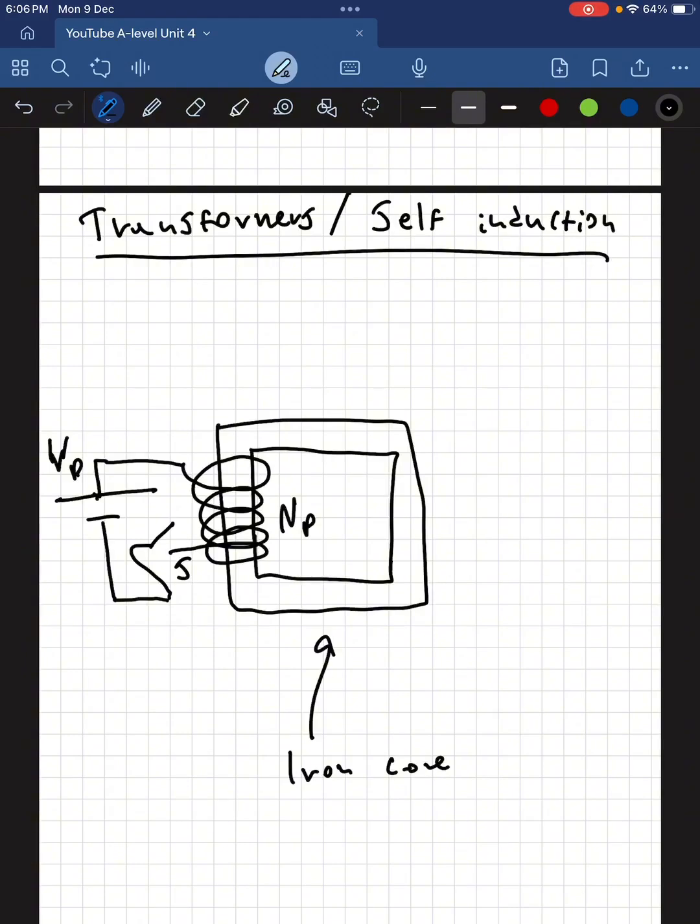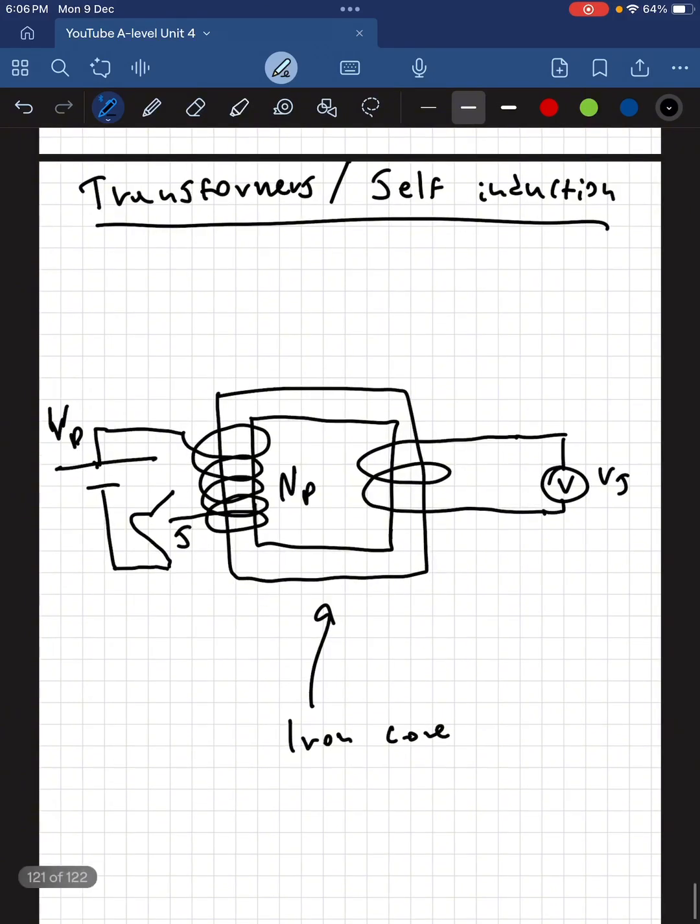And on the other side of the core, I'm sorry, we wrap another coil with NS number of turns, which means secondary number of turns. And we have a voltmeter to measure the voltage VS that exits this coil.